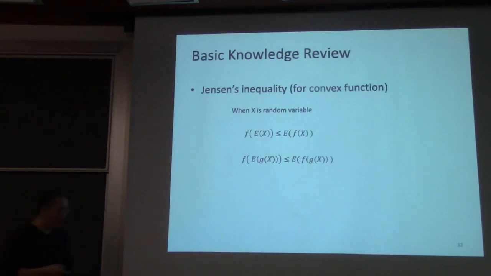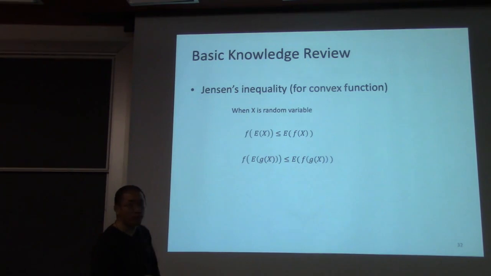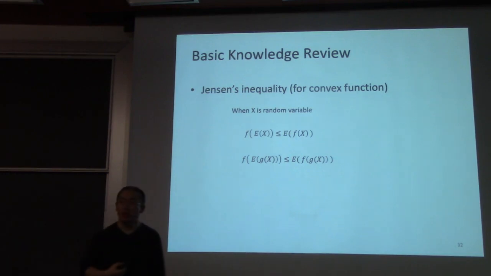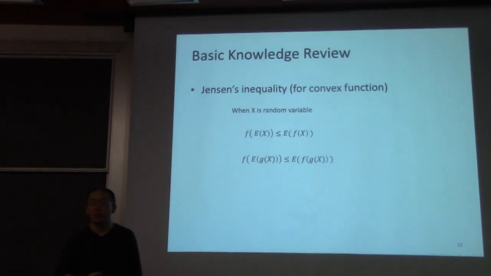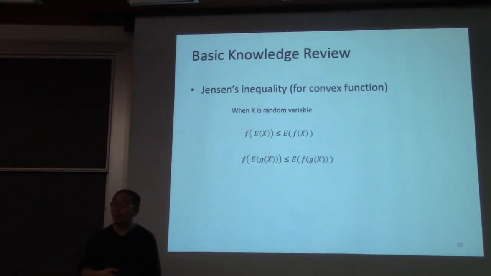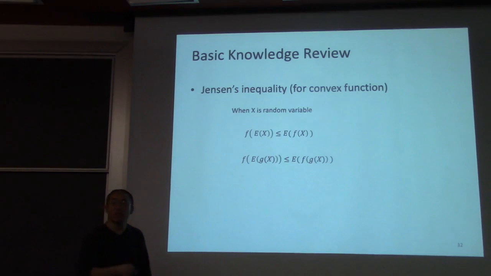And there's a famous inequality that applies to convex functions called Jensen's inequality. It's actually the cornerstone for a branch of machine learning called probabilistic learning. So what is Jensen's inequality? Jensen's inequality says that if x is a random variable and f is a convex function, then f of E[x], that is, f of expectation of x, is less than or equal to expectation of f(x).